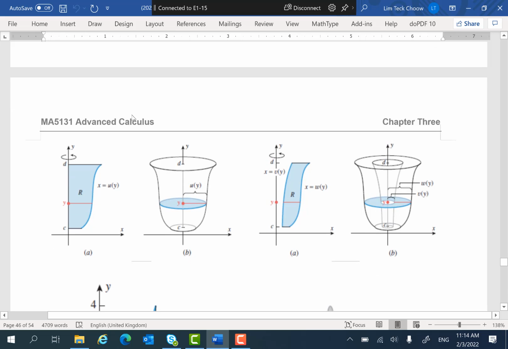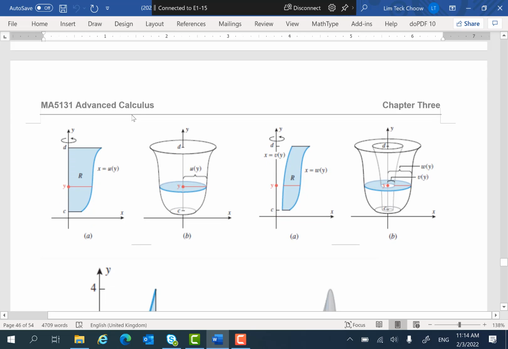This shows that if you rotate about the x-axis, you get a solid again. If you slice away about the y-axis, you get something hollow, right to the bottom from the top, because there's a small gap here. So you see the small gap, the hollow in the center.